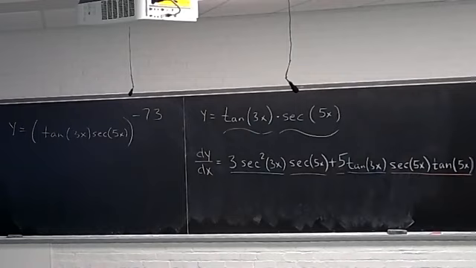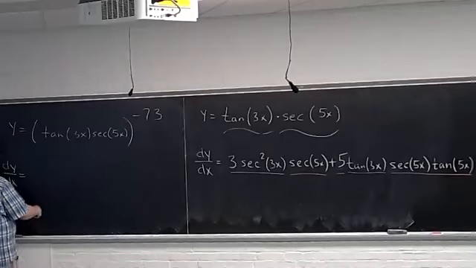For this one, because of how it built up, I'm not going to write out the u substitution. But for this one, we have a function to the negative 73rd, a function to a number. The derivative of a function to a number uses the power rule.